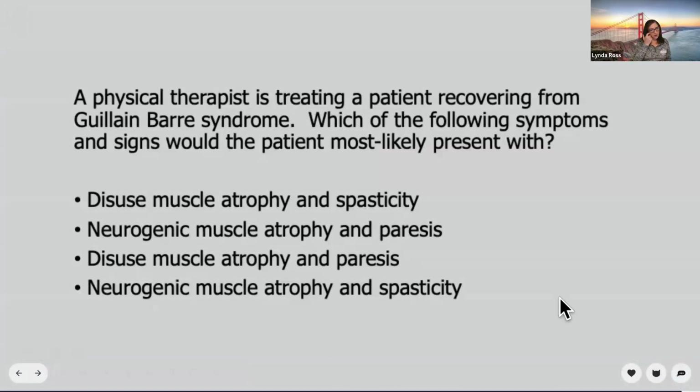And here are the answers. Take a minute, read through those. Let's not put any answers on the slide right now. We haven't really discussed GBS in depth.